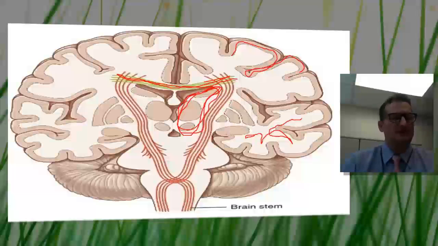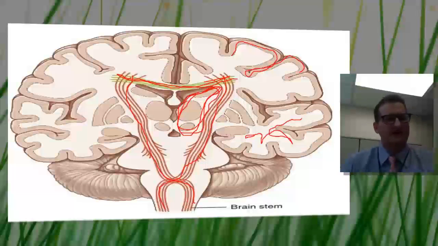Other tracts carry information back and forth between the brain and spinal cord, and that's shown here. These tracts are extensions of the ascending sensory spinothalamic tracts and the descending motor or corticospinal tracts.